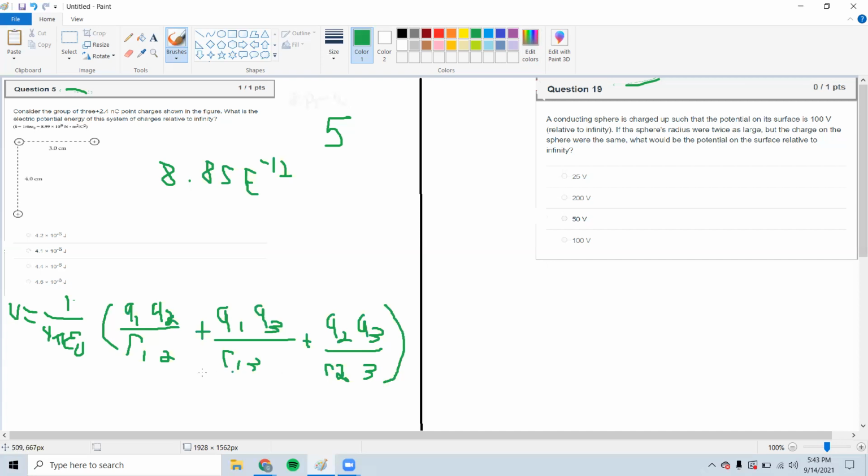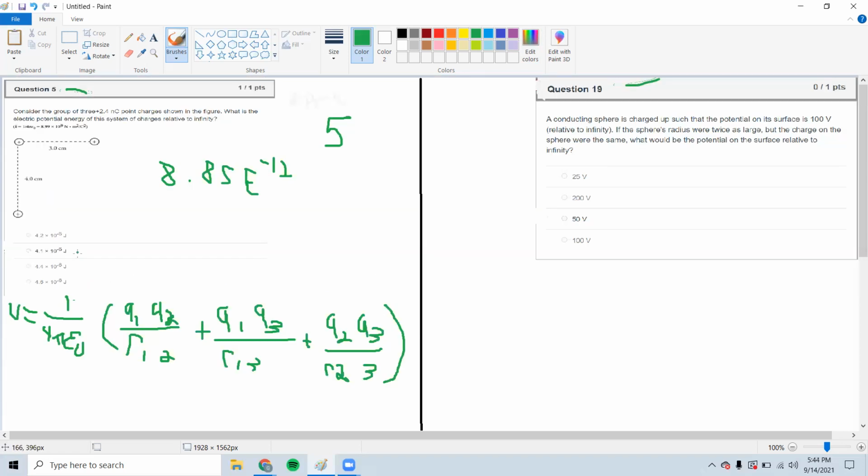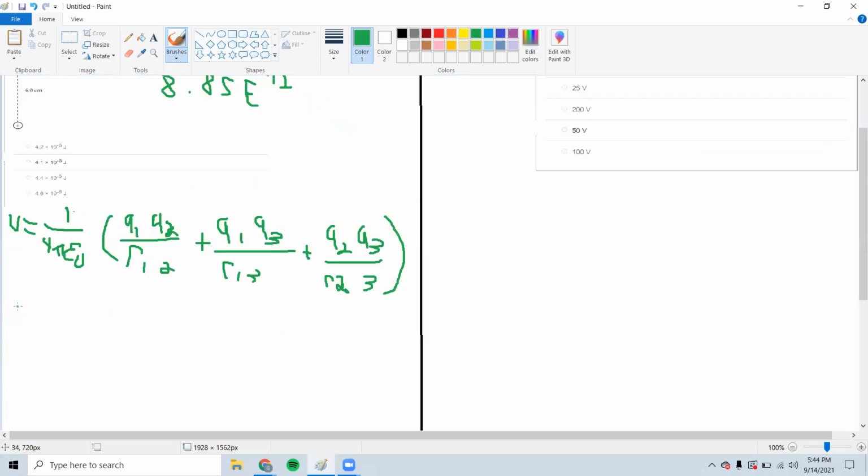Okay, so next we begin to plug in our values. This phrase, 1 over 4 pi times the electric constant, is also known as K. And we know that K is equal to 8.99 times 10 to the power of 9. So we're going to set U equal to 8.99 times 10 to the power of 9, and then multiply it by plugging in our values.